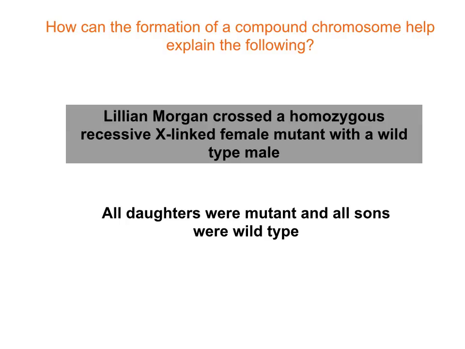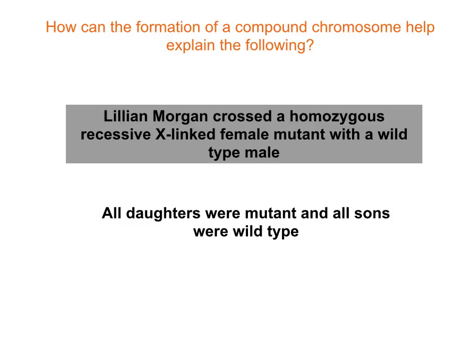There's a section in the book that talks about Lillian Morgan, where she crossed homologous recessive X-linked females with wild-type males, and so again, the formation of these compound chromosomes helped us to understand mutation, helped us to understand how things are inherited.